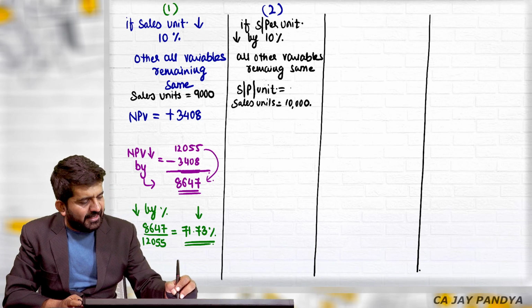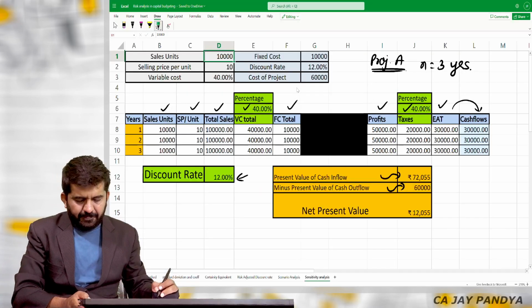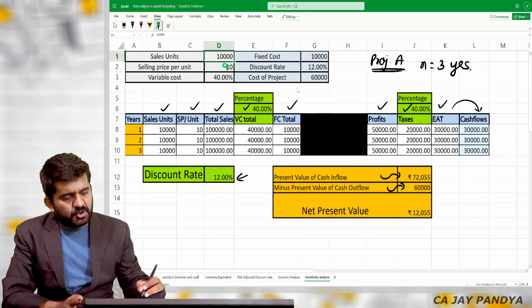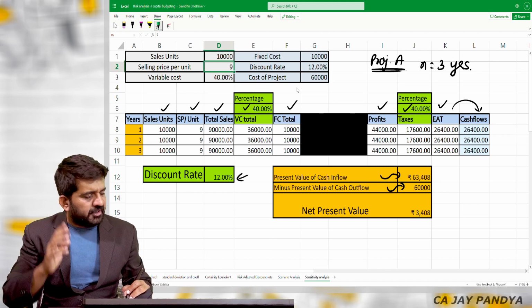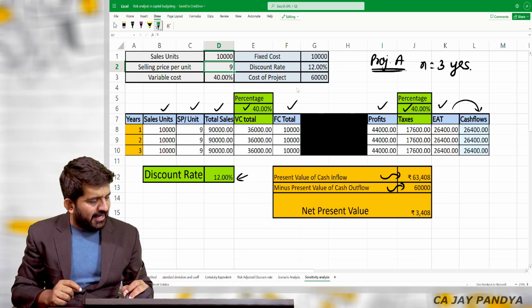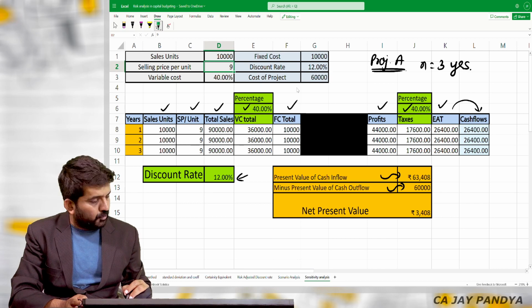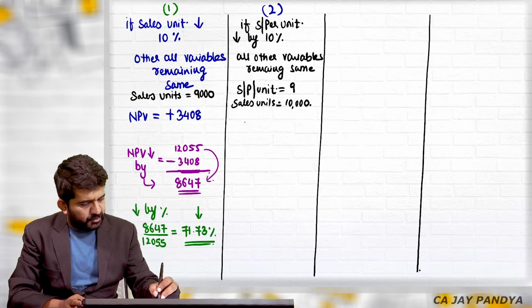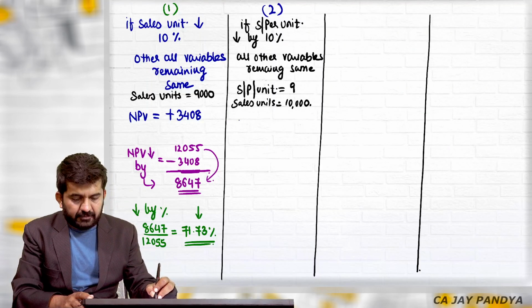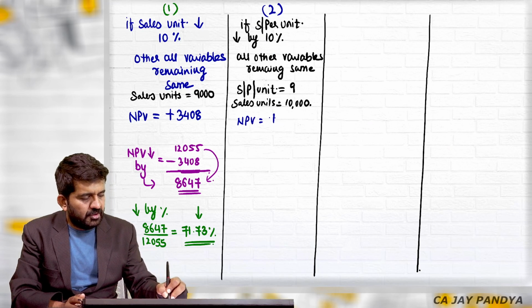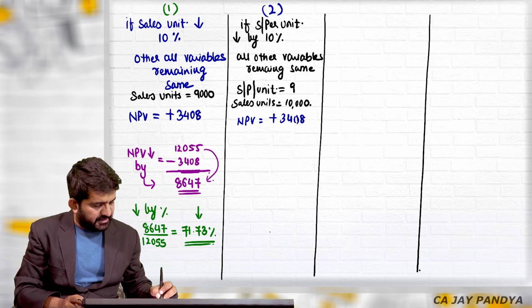If the selling price per unit becomes 9, other all things remaining same, my NPV will be 3408. Positive 3408, and hence this answer will remain the same.